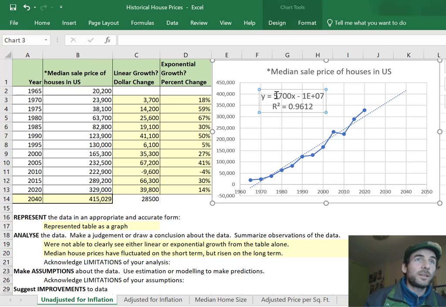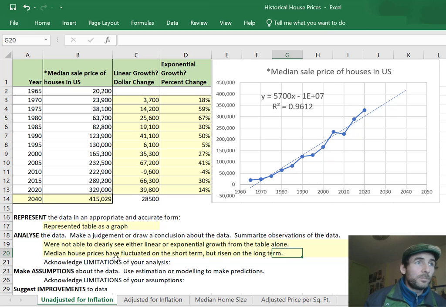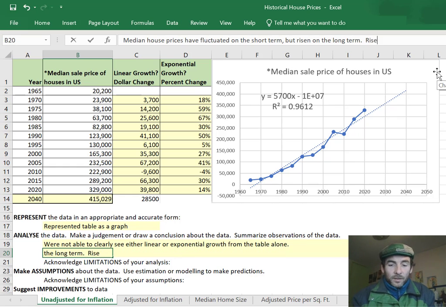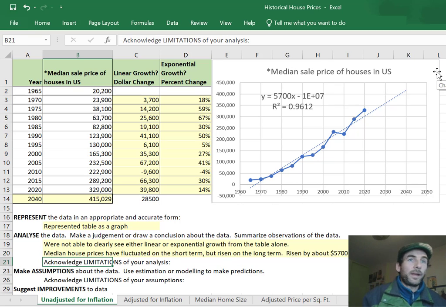But this means every year. So what's happened is median house prices have fluctuated on the short term, risen on the long term, and they've risen by about $5,700 per year, okay, on average.